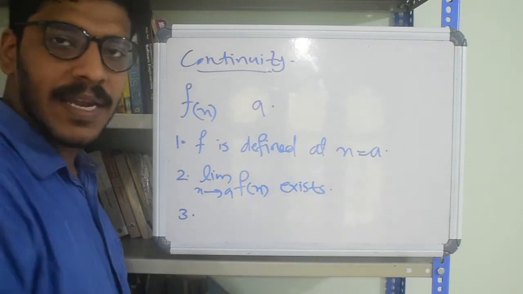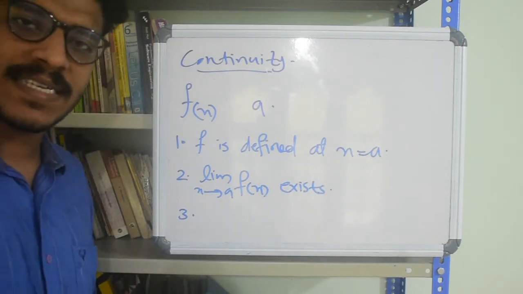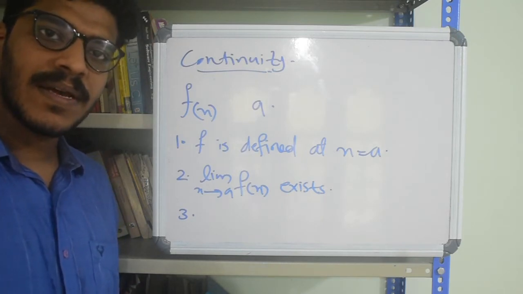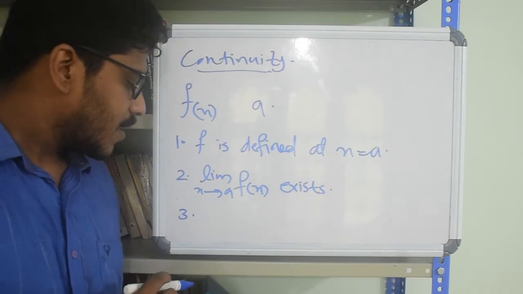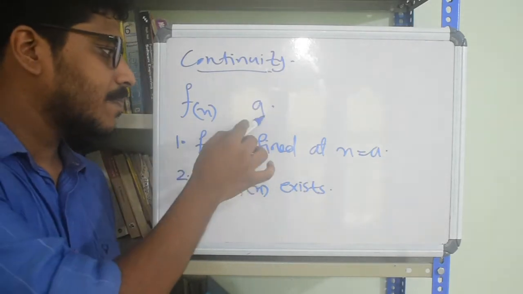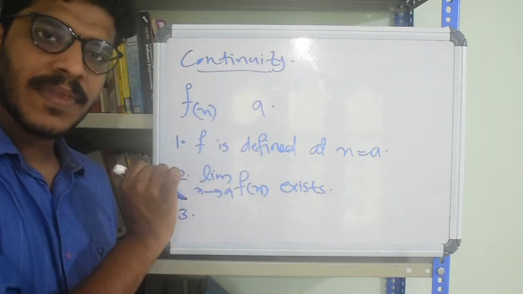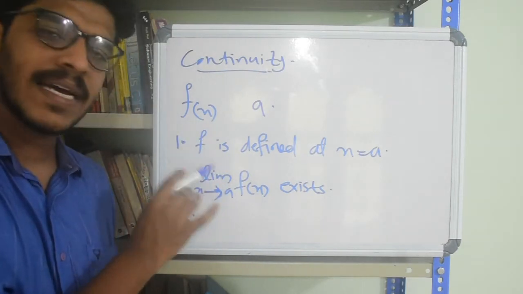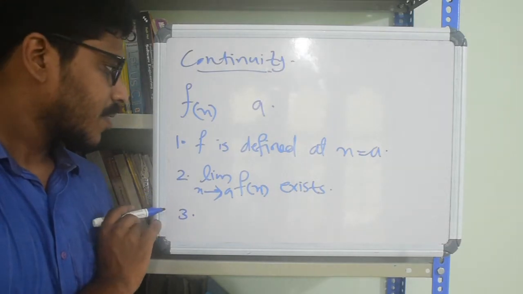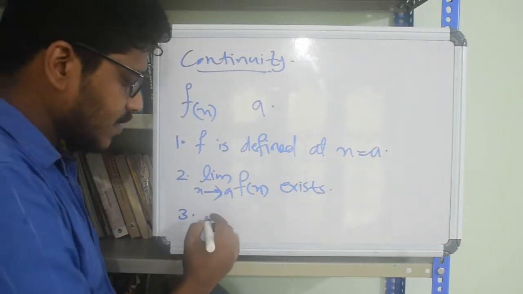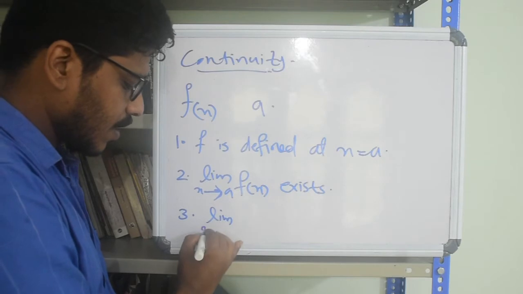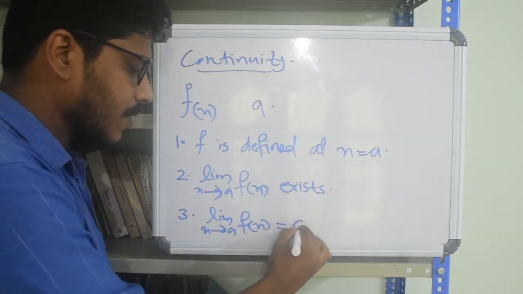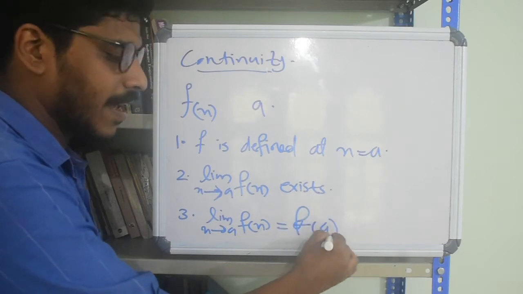When we discussed limits, we saw that the limit need not always exist. But if a function needs to be continuous at a particular point, the function has to have a limit at that point. And the third property is that the limit as x tends to a of f of x equals f of a.